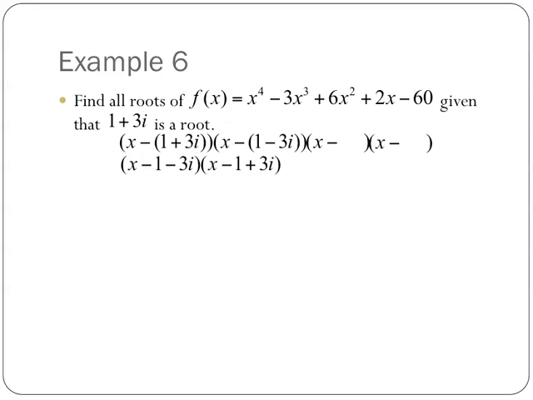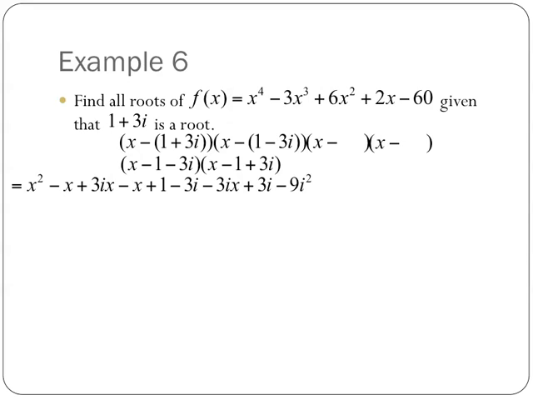Now if I multiply this all out, we're going to have x squared minus x plus 3ix minus x plus 1 minus 3i minus 3ix plus 3i minus 9i squared. Now you might be thinking, this makes it a lot more complicated. It does at first, but let's see what we can cancel out. We have a positive 3ix and a negative 3ix.